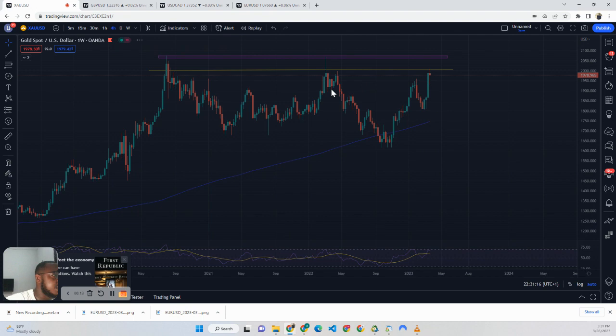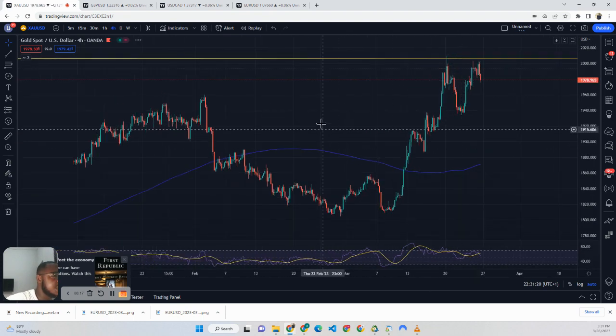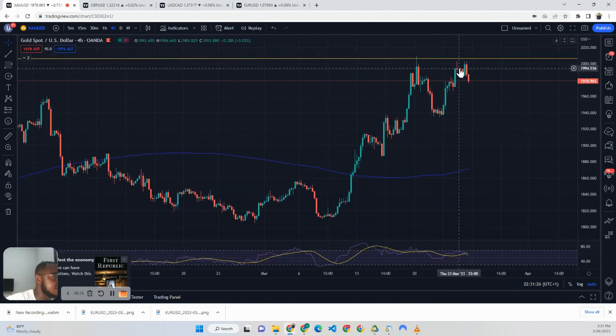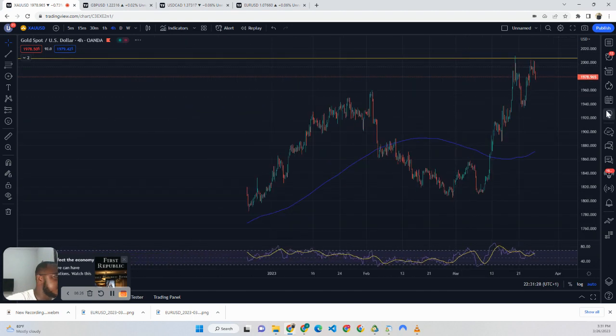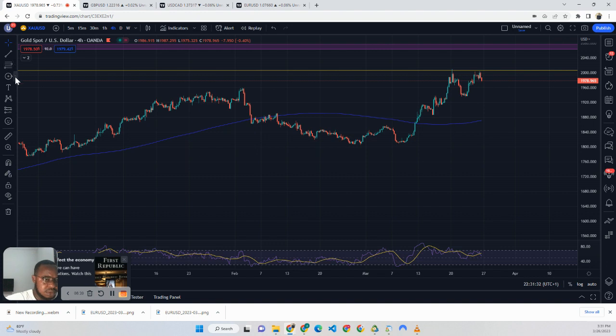So let me drop down to the 4 hours time frame. Good. When you look at the 4 hours time frame, mind you that each candle represents 4 hours. On this time frame, you find out that there is an equal high at this level, this 1978 that it is working on.